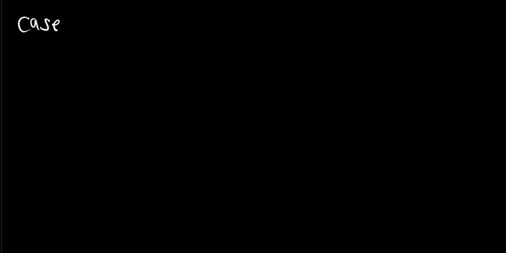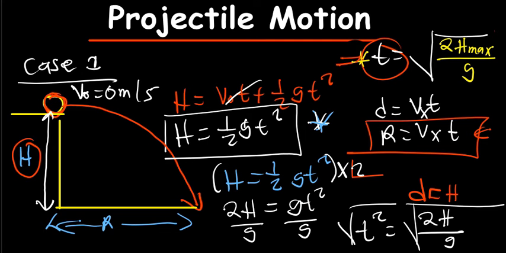Then, sir, on case one, is there any difference between free fall motion and case one? There is no difference. It's just the same, because under free fall motion we don't use angles. Even here we don't use angles, so it's the same.